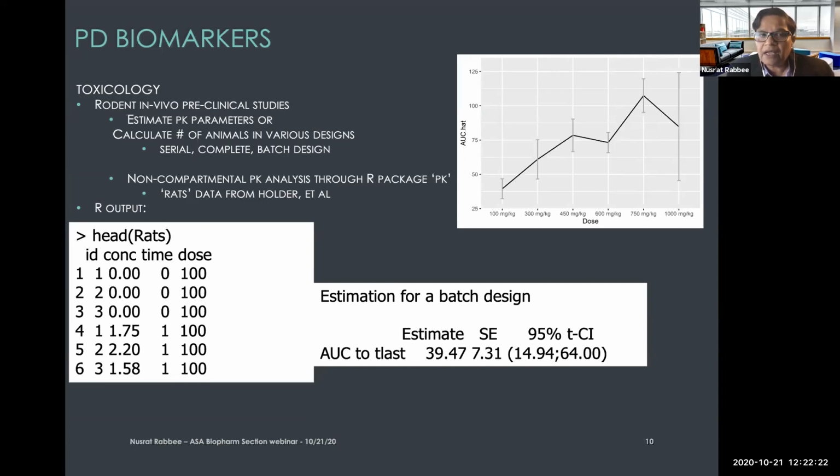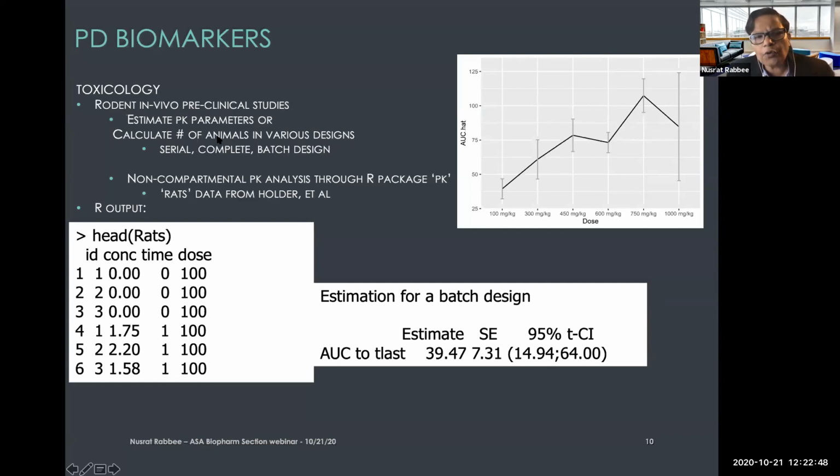I also introduce an R package, PK, which does it with very simple calls. You can just choose which design, serial, complete, or batch, and it will produce plots and the AUCs and the confidence intervals for you. So there are two ways I produce this.